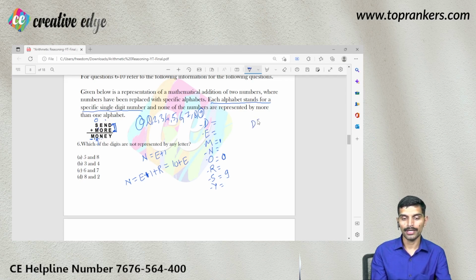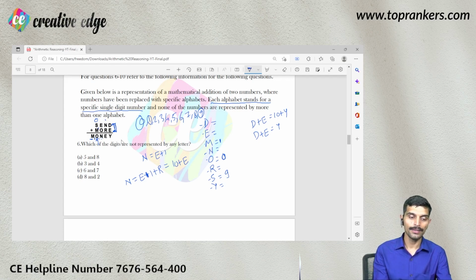So I am writing two possibilities, as reasoning always deals with possibilities. Either D plus E is equal to simply Y, no carry, right?